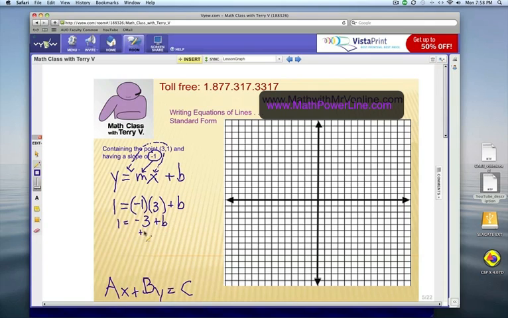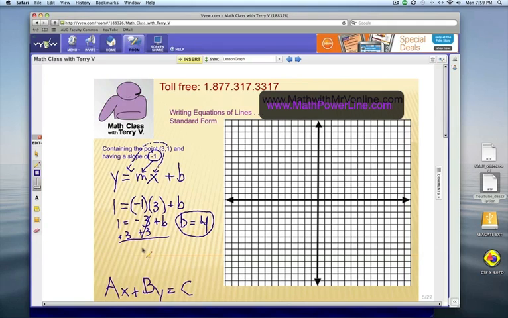We're going to add 3 to each side, and we're going to get 4. b equals 4. So what that gives us is y equals -1, because -1 is the slope, x plus 4.